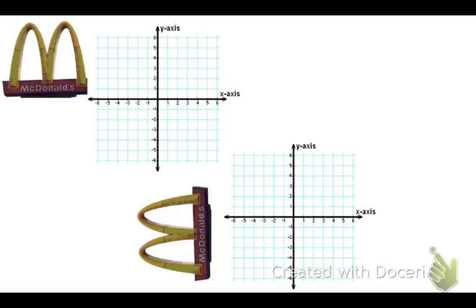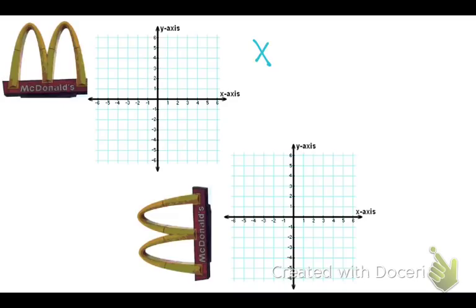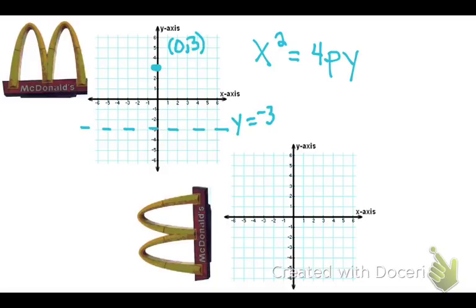Now we'll take a look at our new equations. Our new standard form for a parabola that opens up or down is x squared equals 4py. You need to pause the video and write that down. The p value is going to tell us where the directrix and the focus are. Our focus is some point like (0, p).